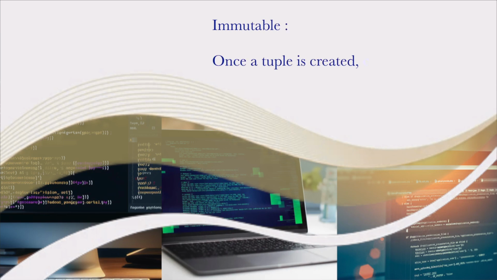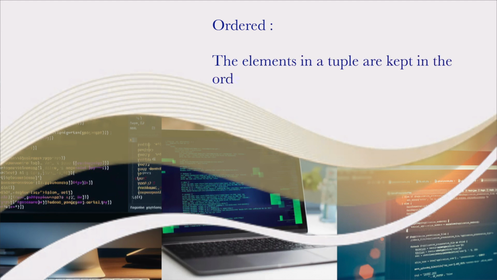Tuples have many important characteristics. Let us discuss them. Tuples are immutable, which means once a tuple is created, we cannot change the content of the tuple. Elements of tuples are always ordered, meaning elements in a tuple are kept in the order of their insertion.